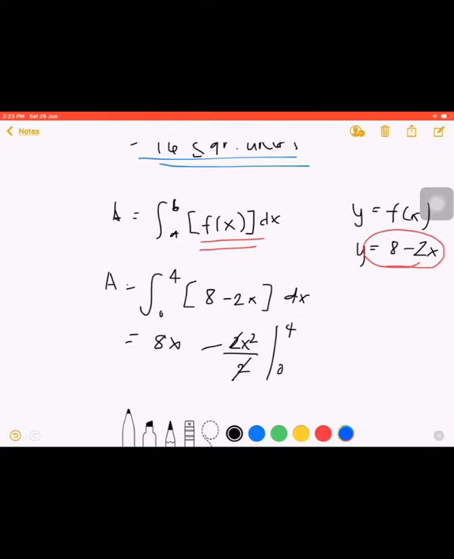So let's plug in 4 into the expression: 8 times 4 minus 4 squared, minus, let's plug in 0 into the expression, 8 times 0 minus 0 squared.